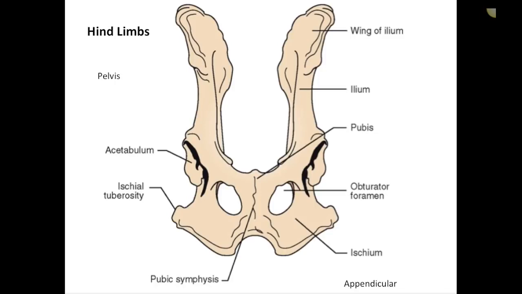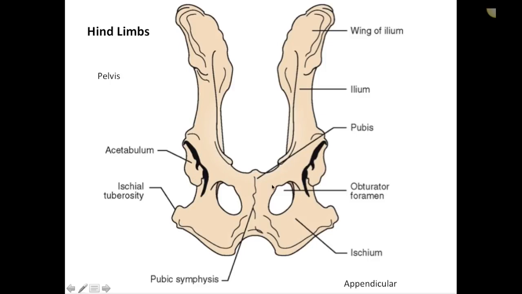And then working our way down, about halfway down the hip socket, also called the acetabulum, creating a bit of a T, is the pubis. So this area I'm outlining here, halfway through, is the pubis.